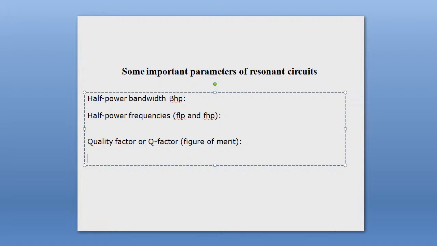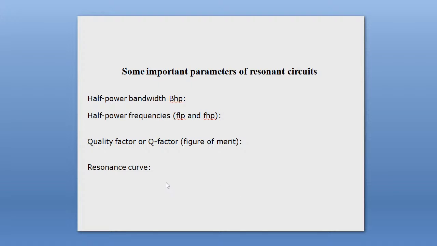We will also try to understand the resonance curve. So in today's class, we will try to understand these important parameters of a series RLC circuit and also the resonance curve, and then we will solve some problems.